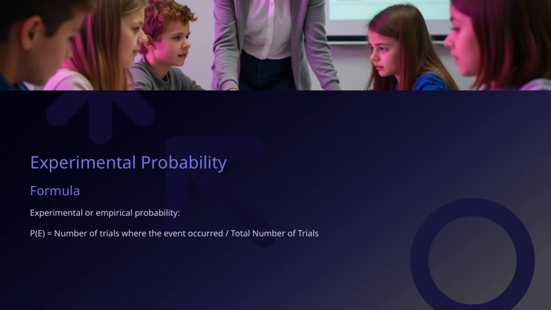The key idea here is that by conducting experiments or trials and recording the outcomes, we can calculate the probability of an event happening. This approach is especially useful when theoretical probability is difficult to determine. Remember, the more trials we perform, the more accurate our estimate tends to be.